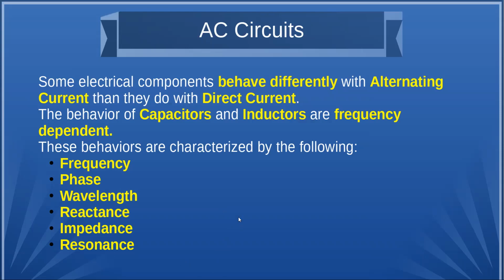So it means it doesn't alternate. We characterize AC with frequency, phase, wavelength, and then we have the components, the reactance, impedance, and then resonance effects, and we combine them.